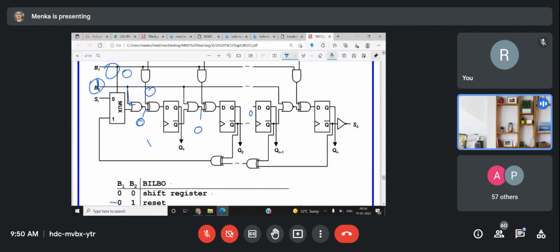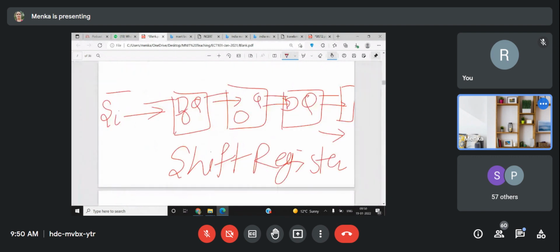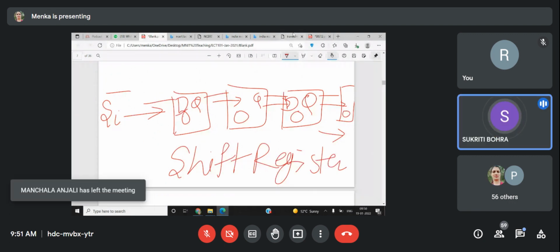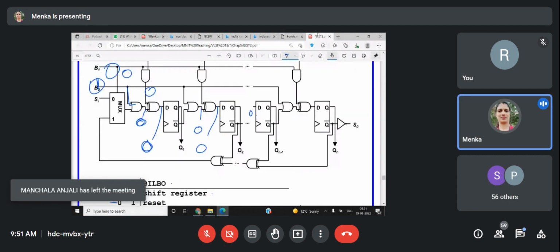XOR output, what will you have? Every XOR will have 0 output, and this 0 output is the input for the next cycle for the registers. So everywhere you are pushing 0, so every register will have 0 0 0 0. So it means the register data is reset. That's why we call 01 the reset mode. Did you understand? Yes, ma'am. Everyone? Very good.